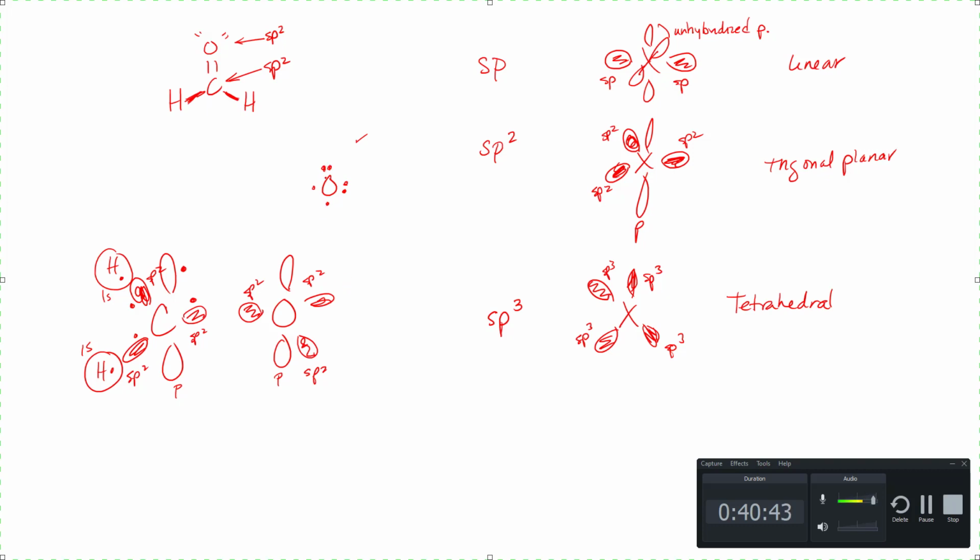So these 2 lone pairs have to go into these 2 sp2 hybrid orbitals, and then of the 2 unpaired electrons, one will go in the p orbital and one will go in the sp2 orbital of the oxygen. So the rule is that the lone pairs can only go into hybrid orbitals. They can never go into a p orbital.